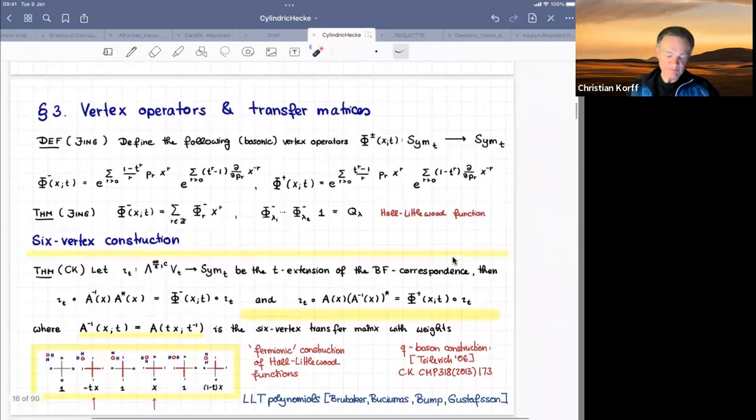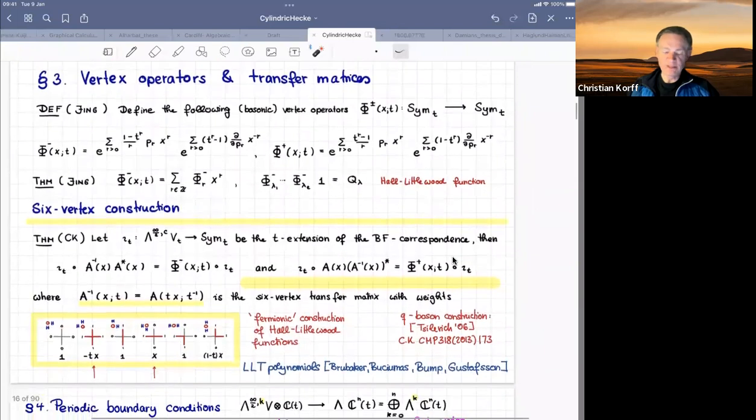And as a byproduct of this, we can then also make contact with vertex operators and transfer matrices. We have now described on the fermionic Fock space side what the combinatorics is to calculate these characters by the six-vertex transfer matrix. And it turns out that this six-vertex transfer matrix can be identified with a half-vertex operator, which occurs in the theory of Hall-Littlewood polynomials.